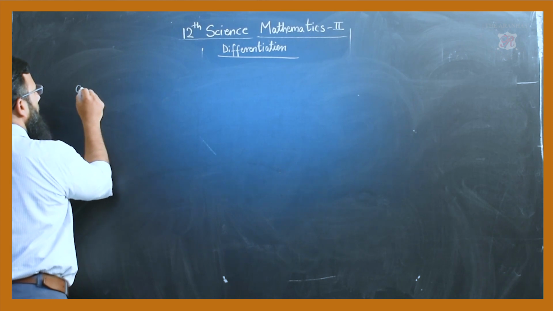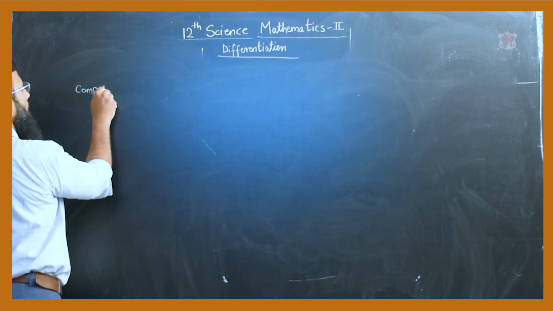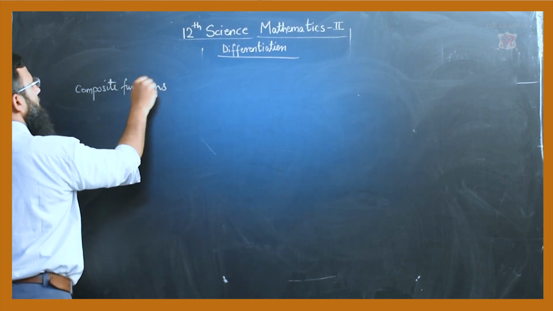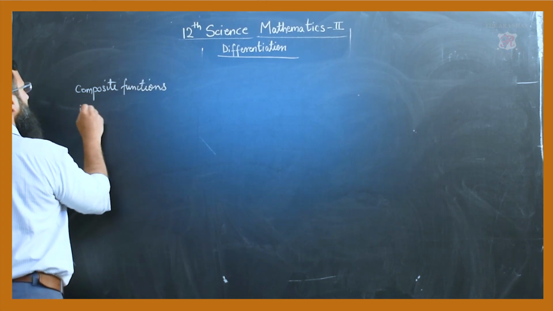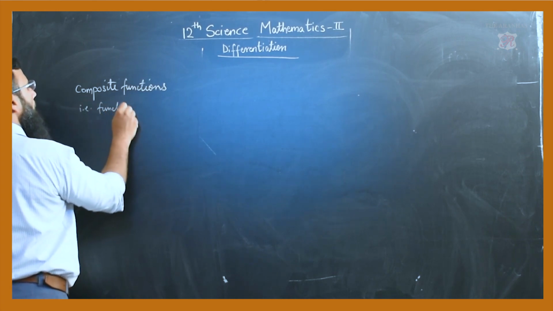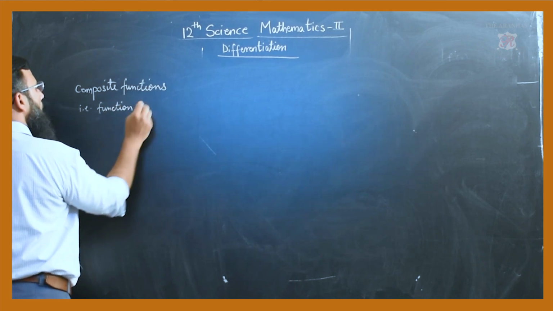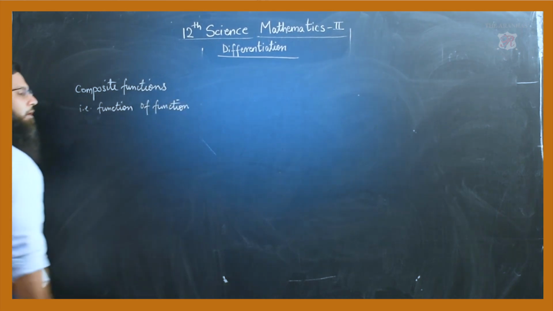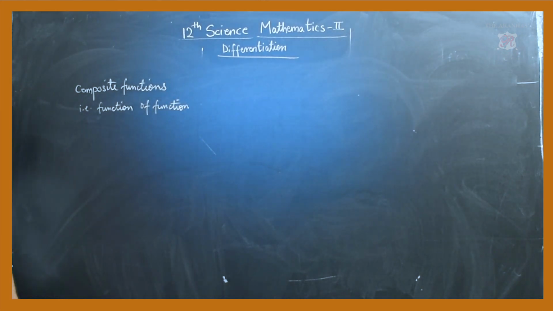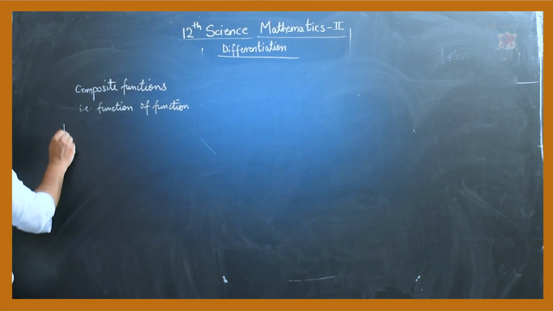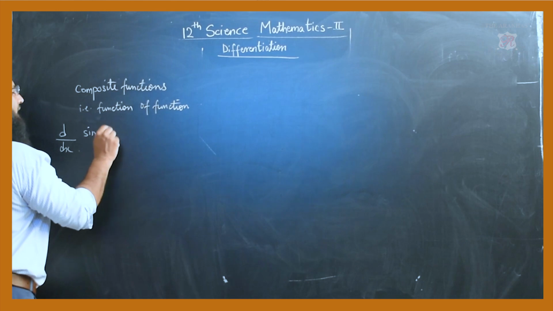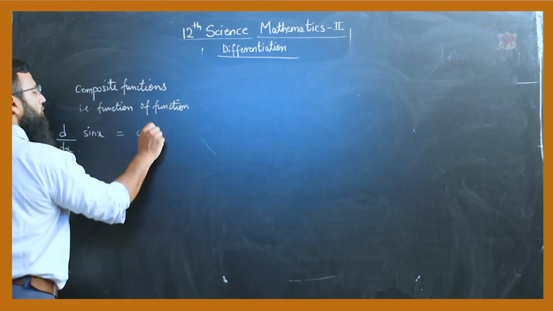So composite functions, that is function of function. We are going to see function of function. What do you mean by function of function? See, I told you d by dx, if you can refer to our list of formula, d by dx of sin x was coming out to be cos x.